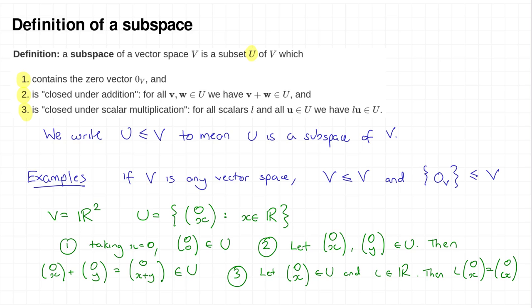So again, what I've got is a vector with a 0 in the first place and some real number in the second place, so that is an element of U. Okay, U has all three properties required to be a subspace, so it is a subspace of our vector space R squared.